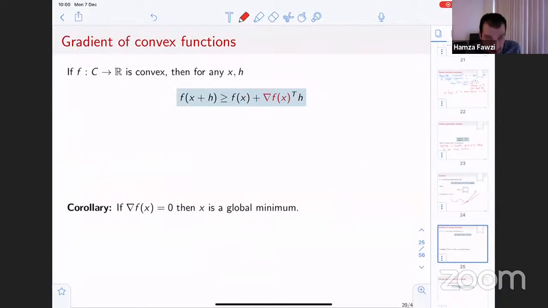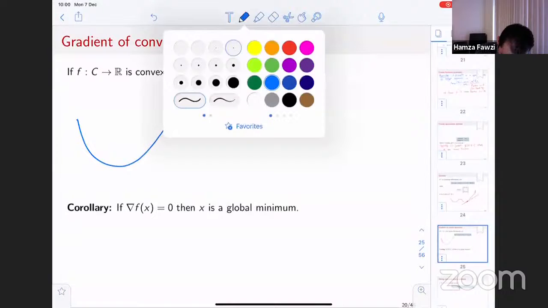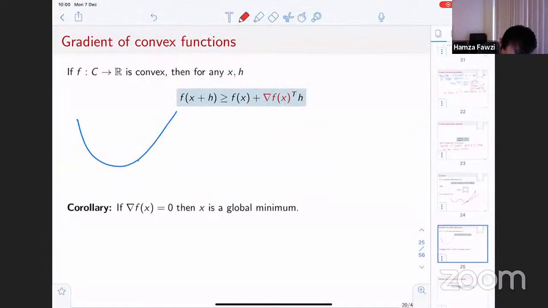Now, a convex function can be recognized by the fact that the function has to be always above its Taylor approximation. So if I draw a convex function and I draw its Taylor approximation, this is really just f of x plus the gradient of f of x times y minus x.